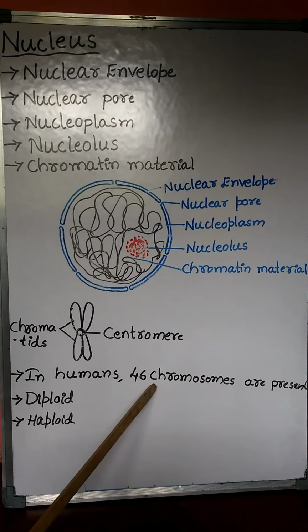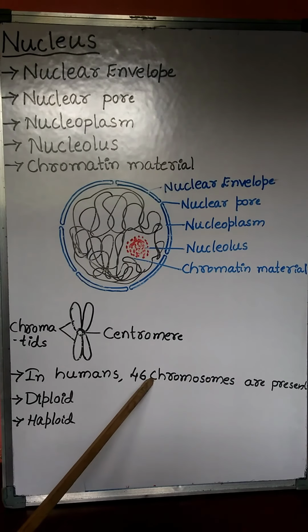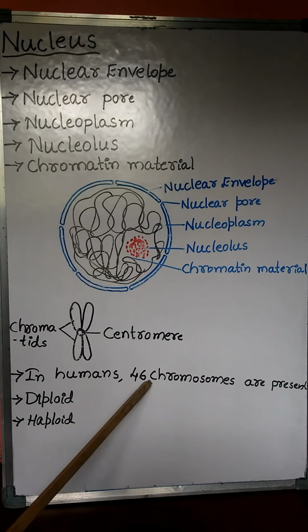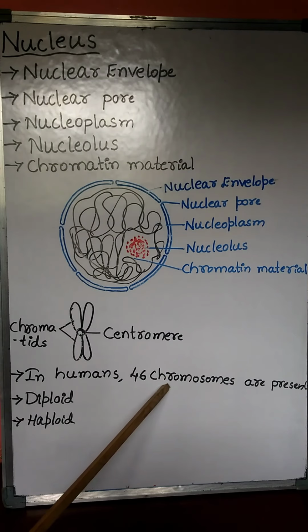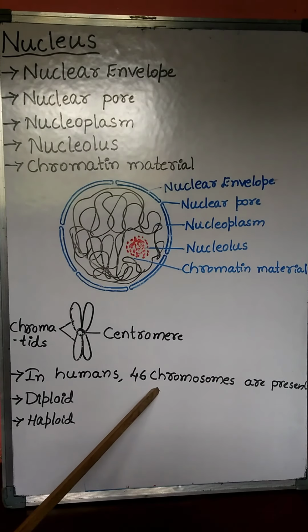Means 46 chromosomes, or we can say 23 pairs of chromosomes are present in human beings.